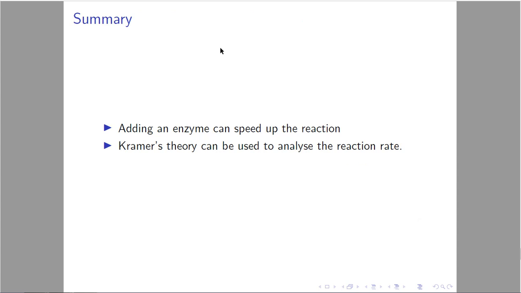Okay, the last one. For the summary of this chapter on enzymes: adding an enzyme can speed up the reaction, and the Kramers theory can be used to analyze and explain the reaction rate when we modify the temperature, the diffusion constant, and the solvent.